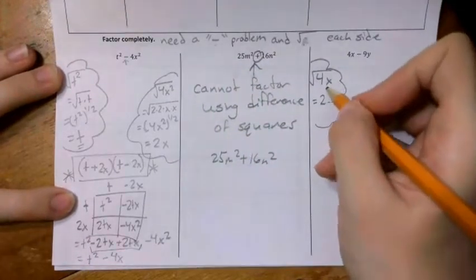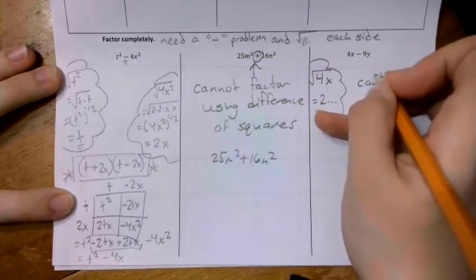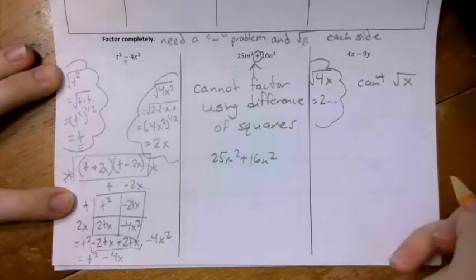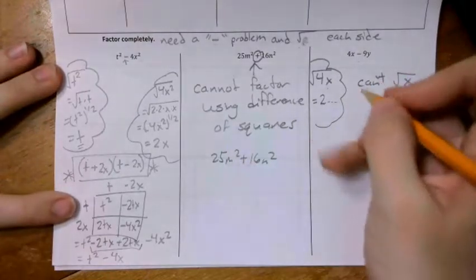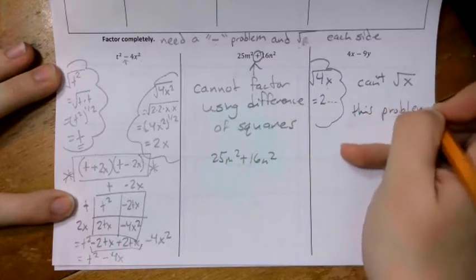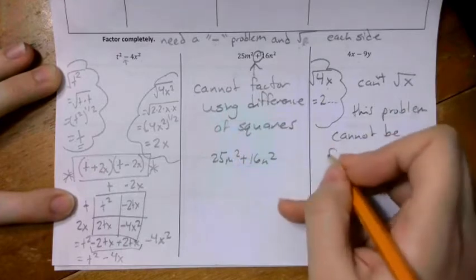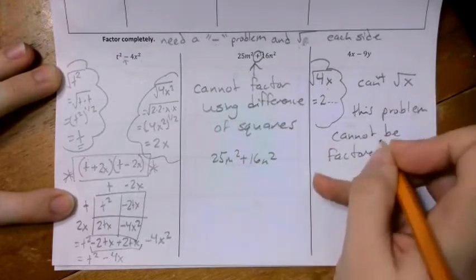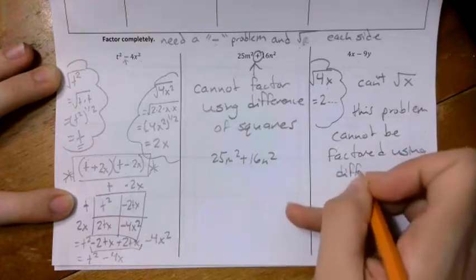But we can't square root an x. It's not a square. So this problem also cannot be factored using difference of squares.